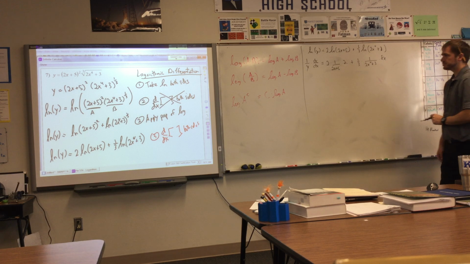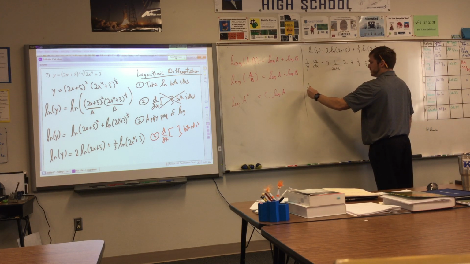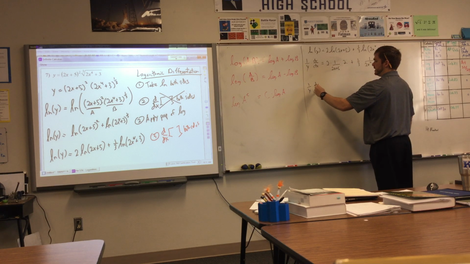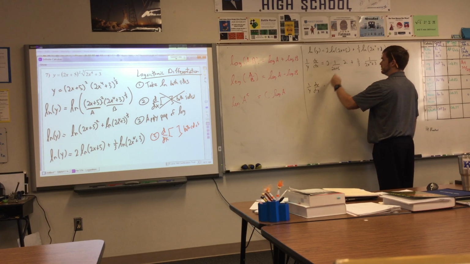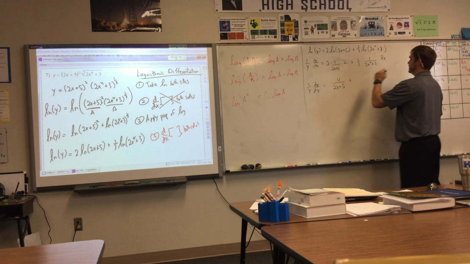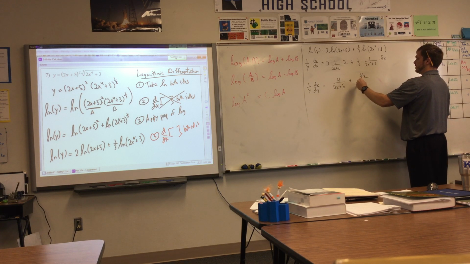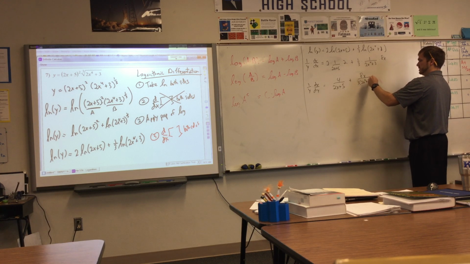Still good? Kind of want to clean this up a little bit here. So I've got 1 over y dy over dx on the left hand side equals, this is 4 over 2x plus 5 plus 8x over 3 times (2x to the 4th plus 3).